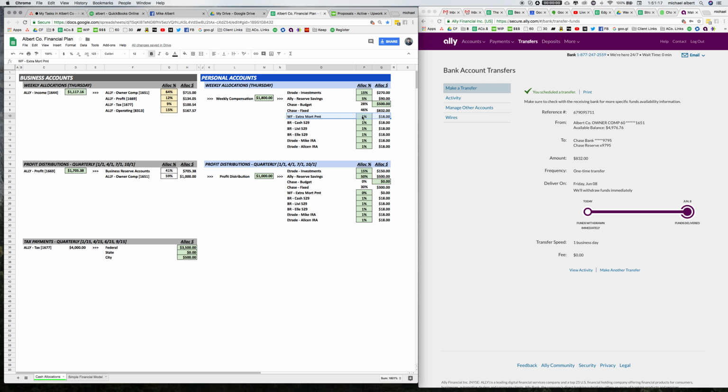I'm going to bump that down in an effort to get the systems and process going for contributing 1% to each of these extra buckets. So instead of doing 5% to just mortgage, I'm going to do 1% across these 6 different accounts. And again, over time, I want to bump those up. But for now, I just want to build in the mechanics to my process.